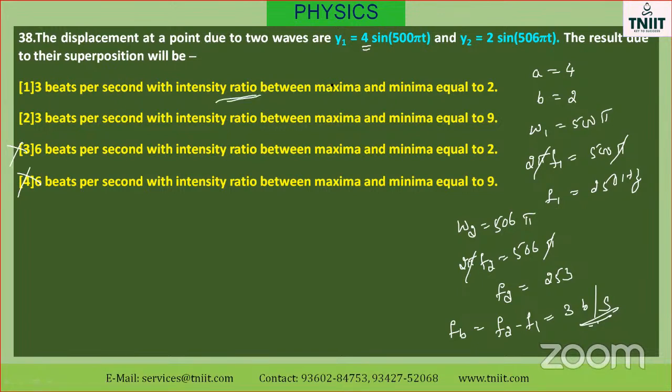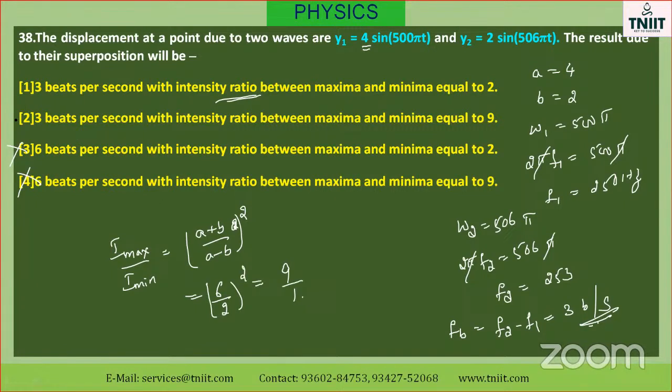Now you have to find the maximum intensity to minimum intensity. What is the formula? A plus B by A minus B whole square. So A plus B means 6 by 2 whole square, 3 square, 9 by 1. So the intensity ratio is 9 and beat frequency must be 3 beats per second.